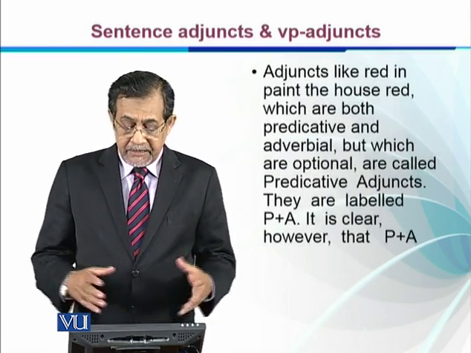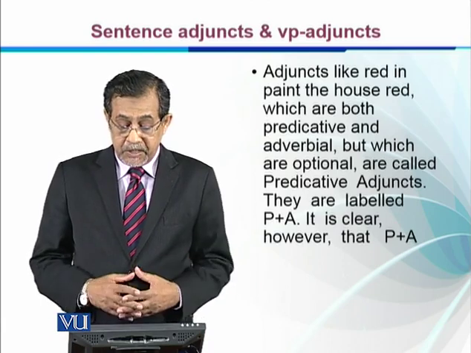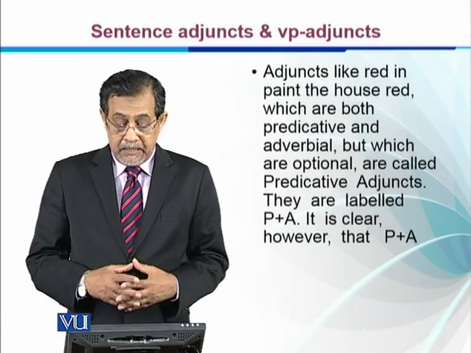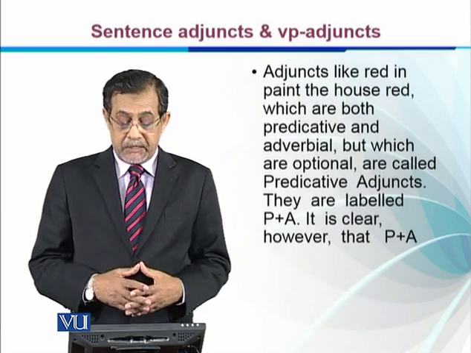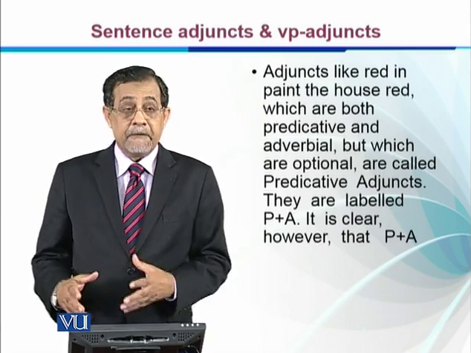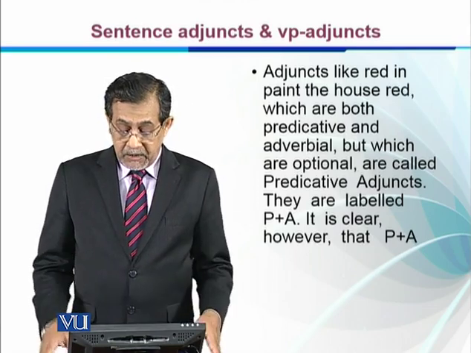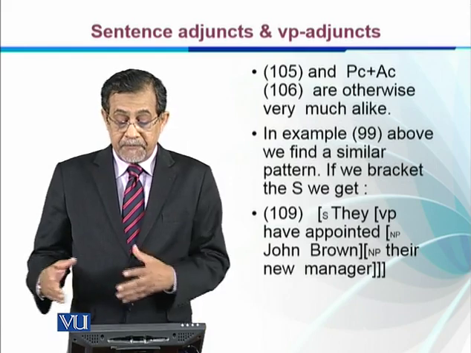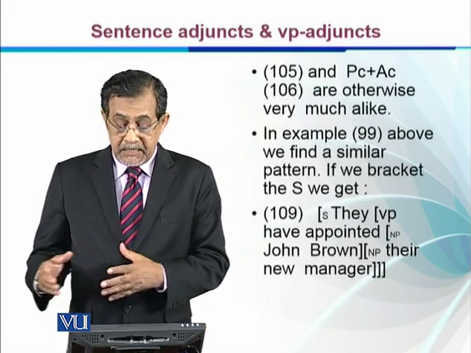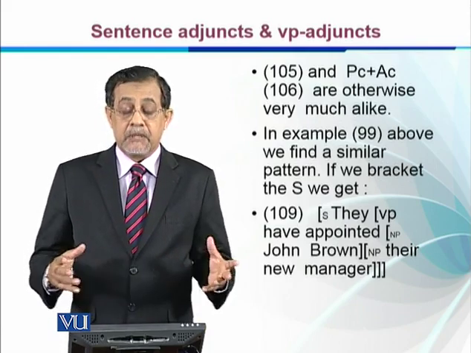So adjuncts like "red" in "paint the house red", which are both predicative and adverbial but which are optional, are called predicative adjuncts. They are labeled PA. It is clear, however, that PA and PC and AC are otherwise very much alike.